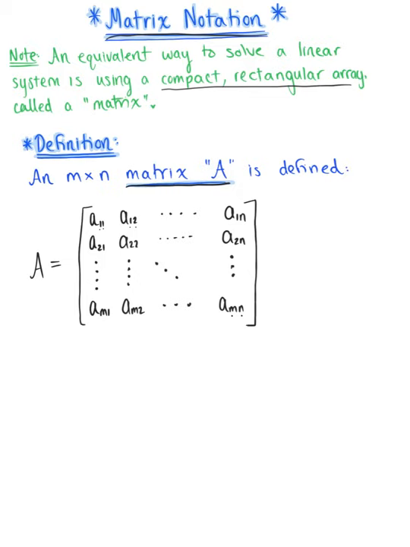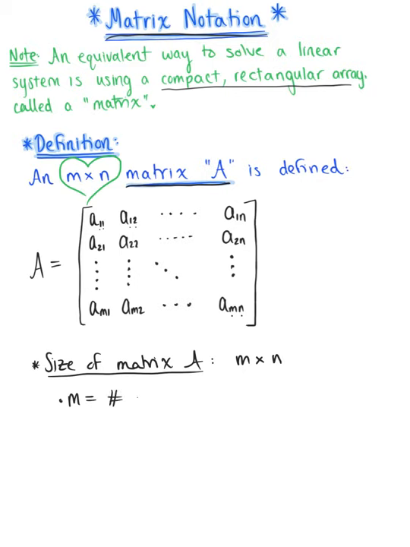So even in just defining this, we can see that this M by N defines the size of your matrix. So the size of matrix A is defined as M by N. And this is where M is equal to the number of rows.